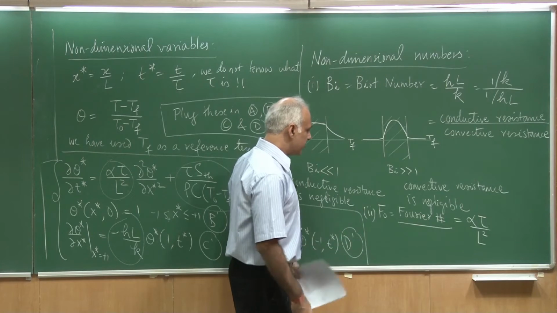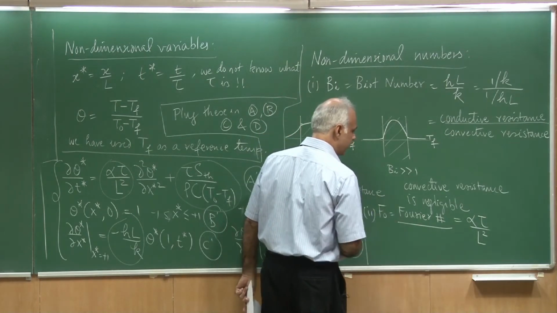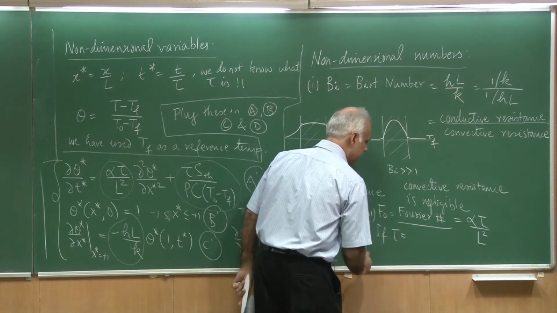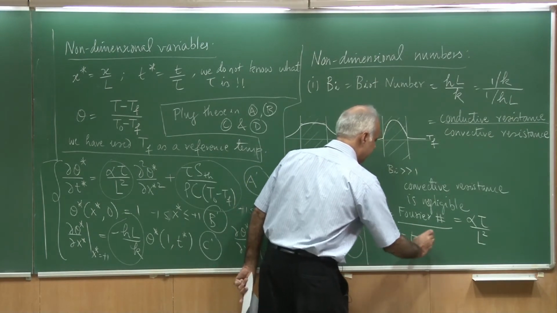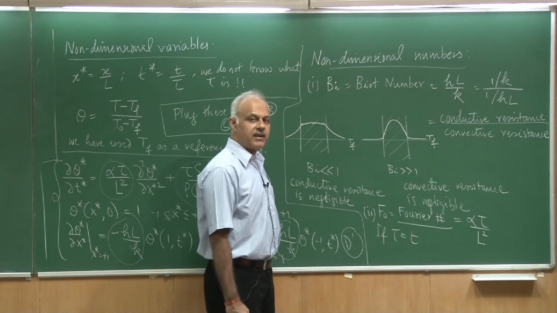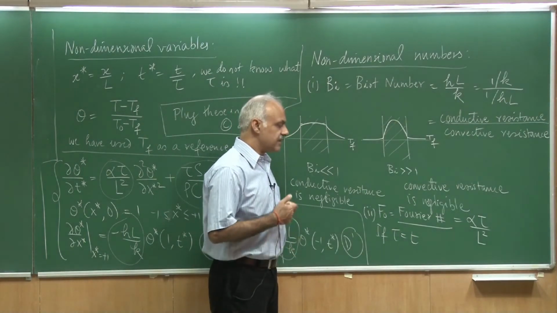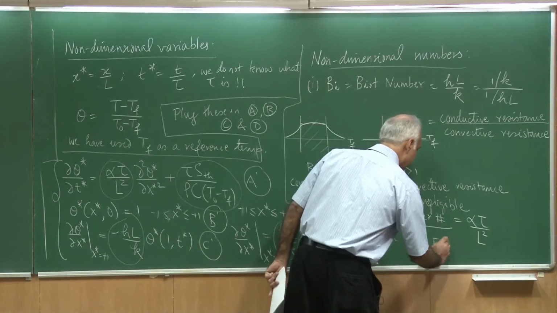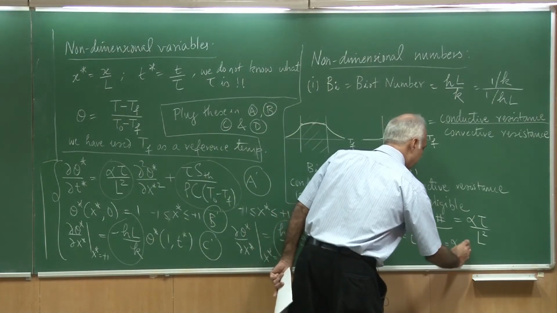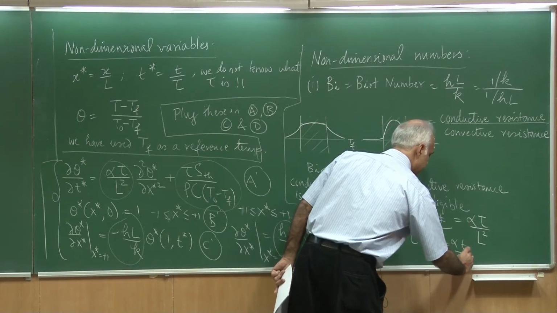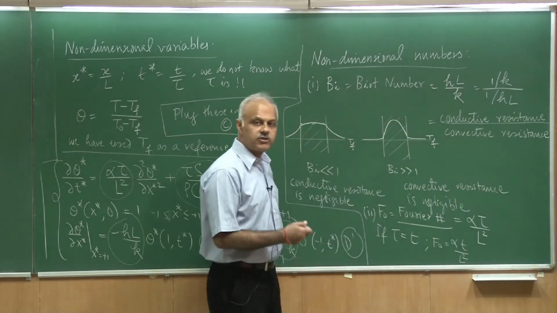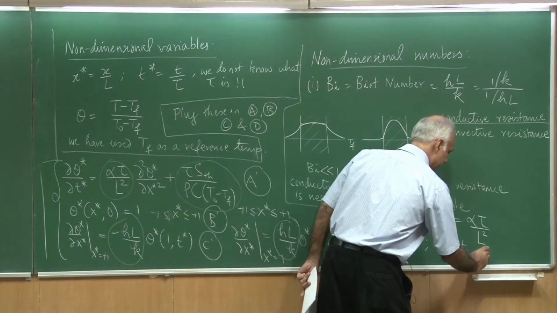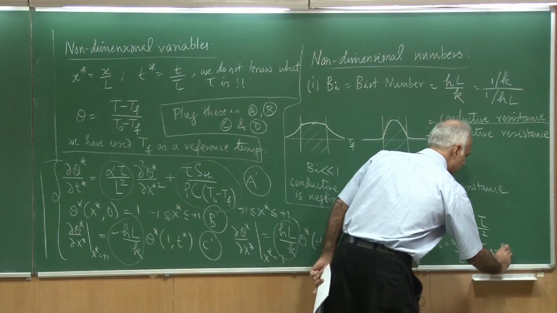One physical interpretation of this number is that if tau is equal to t, so if you think of the characteristic time as the present time t, then your Fourier number is actually alpha t by L square. And I could use this itself as a non-dimensional number or a non-dimensional time. So this corresponds to non-dimensional time.